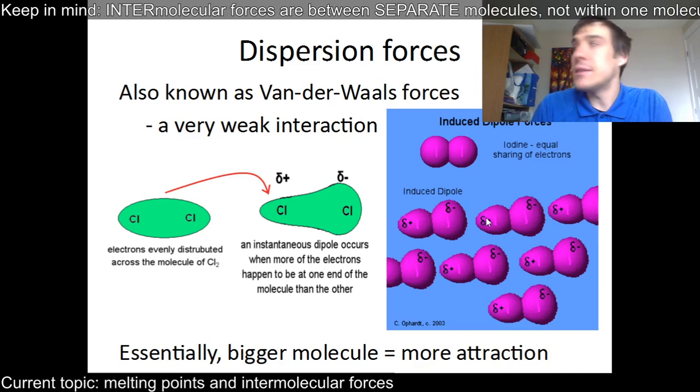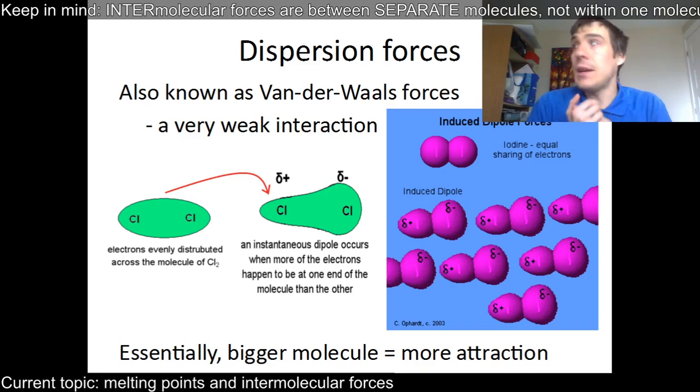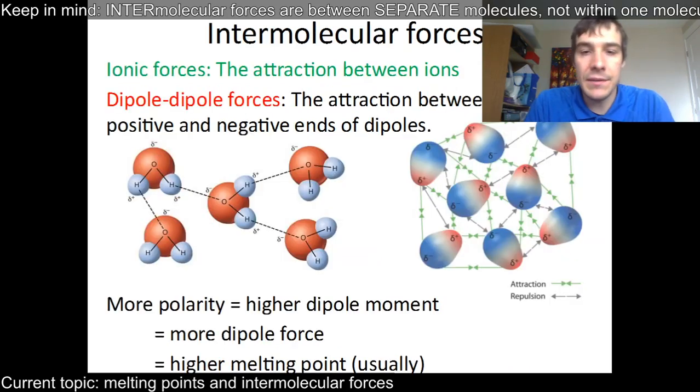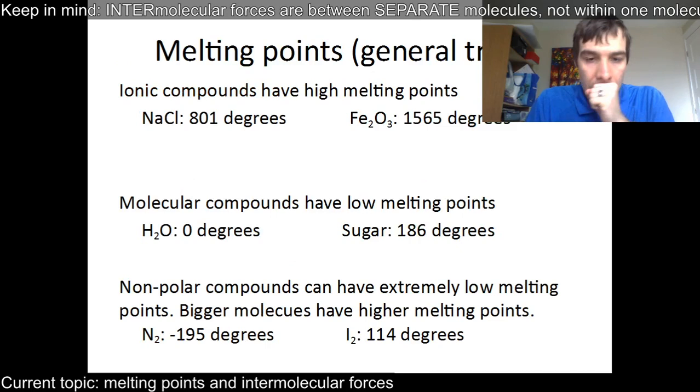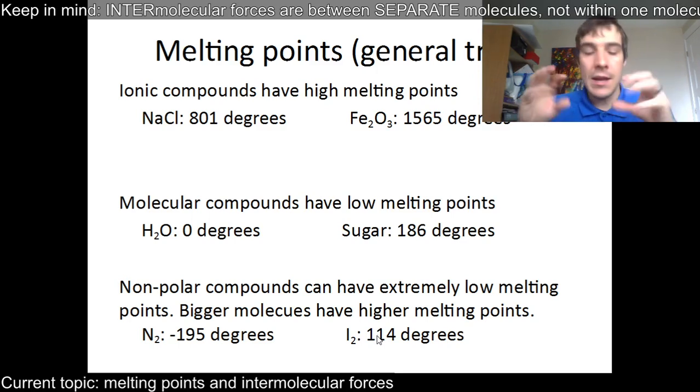And then that induces another dipole, that induces another dipole, another dipole. So you get this very, very weak attraction between even nonpolar molecules because of this random nature of electrons. And it's very weak, but it's strong enough to create a difference. Once again, iodine, which is this huge atom with a lot of electrons, when they're together, it's actually a solid at room temperature.